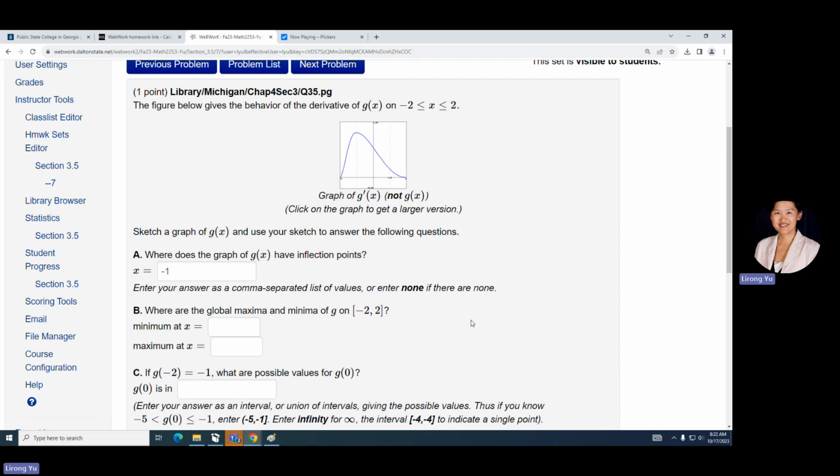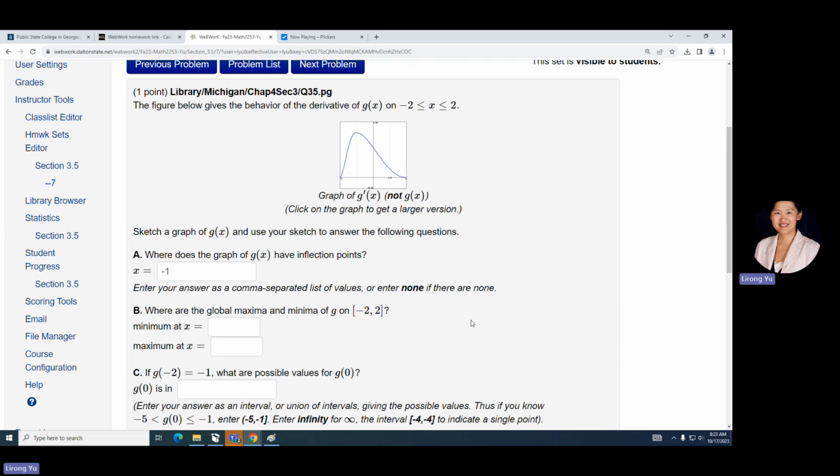Given the picture, the first one is answered right there at that point. Where are the global maximum and minimum of the function? That's -2. This is +2. As we mentioned, between -2 and +2 the derivative is all positive, so the function is all increasing. It doesn't matter how it is increasing.